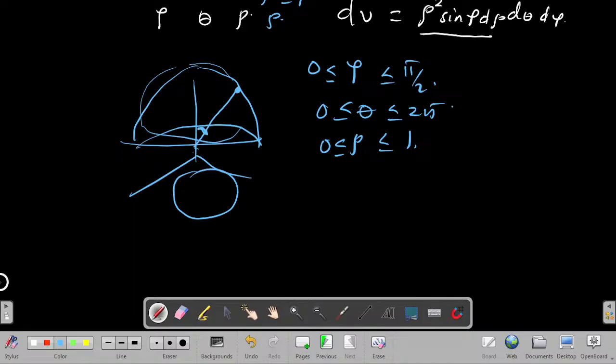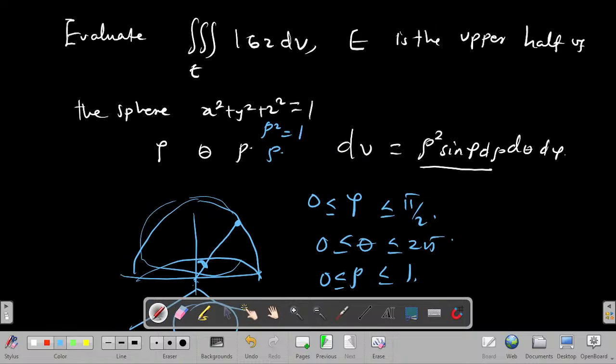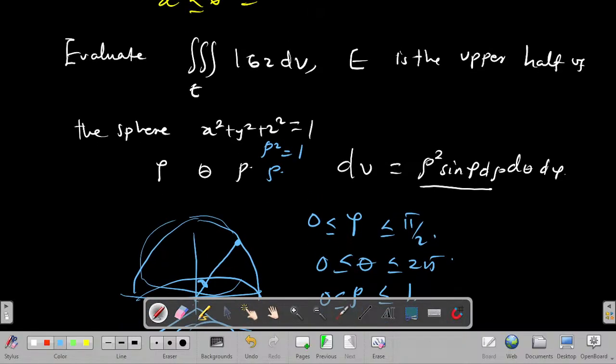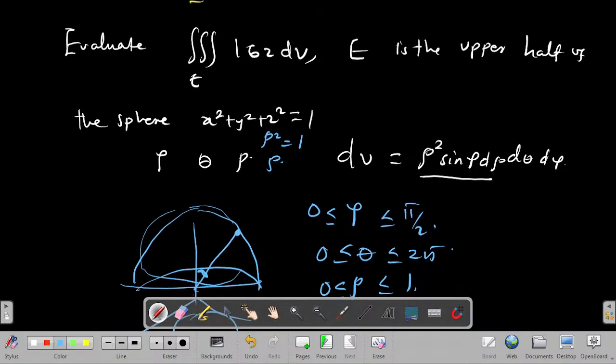Right, that is it. So our triple integral will have the outermost integral for phi, from 0 to pi on 2, coming inside to theta, 0 to 2 pi, coming inside rho from 0 to 1. Then our function will come. What's our function? 16z, right? So you replace z with what?